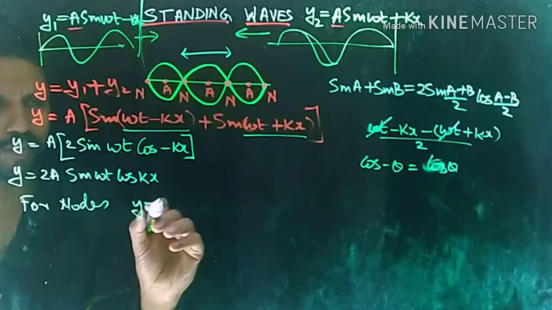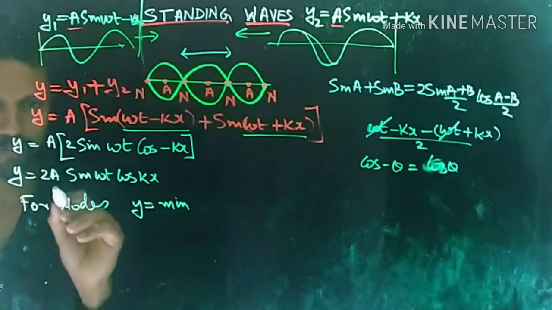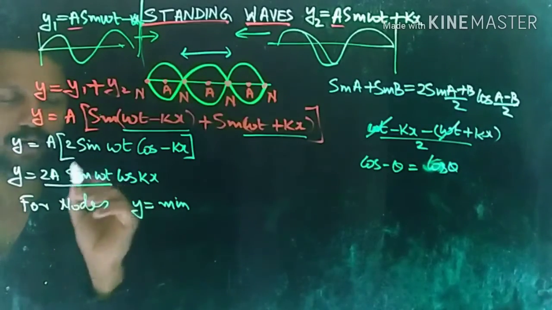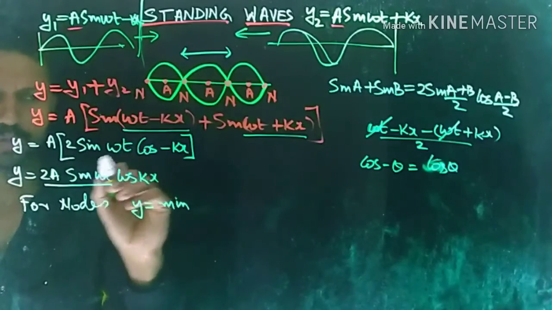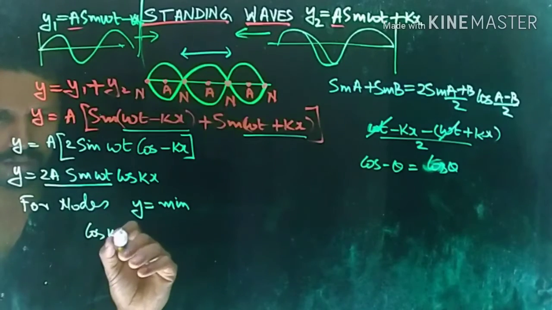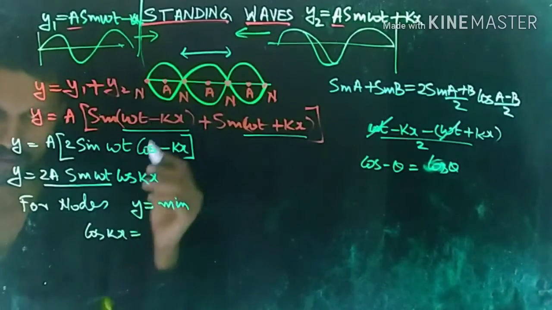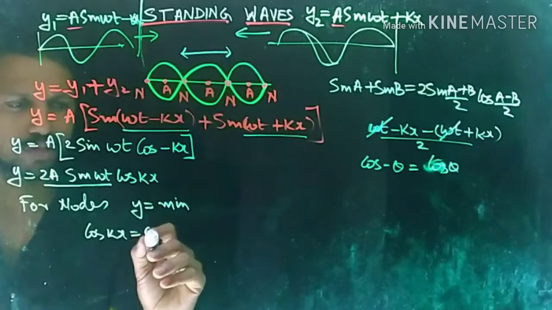For nodes, y should be minimum. If y should be minimum, 2a sine omega t won't change, so cos kx should be minimum. Then what is the value of cos kx to be minimum? It should be 0.